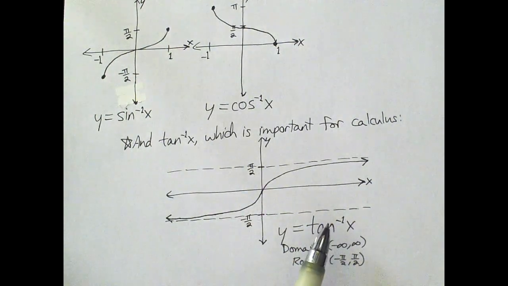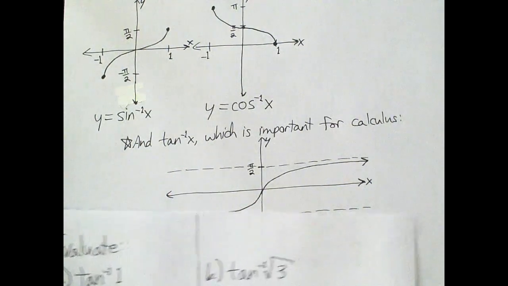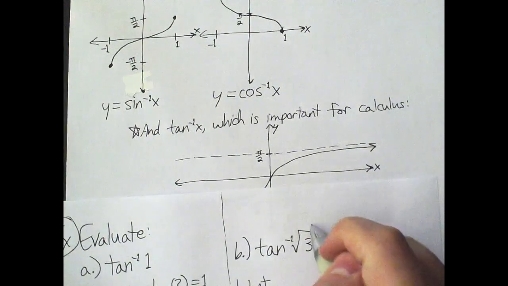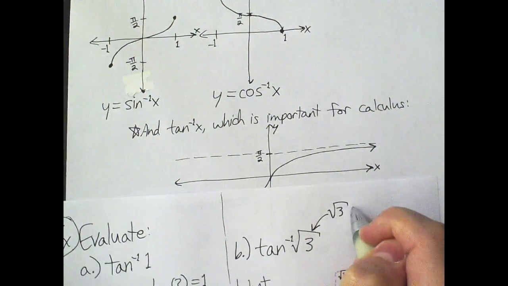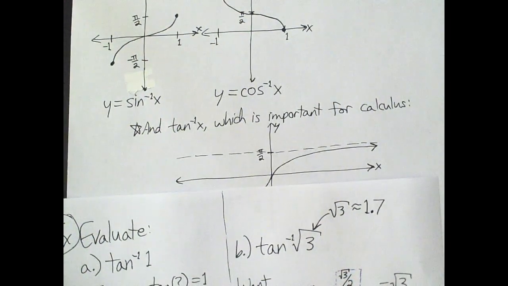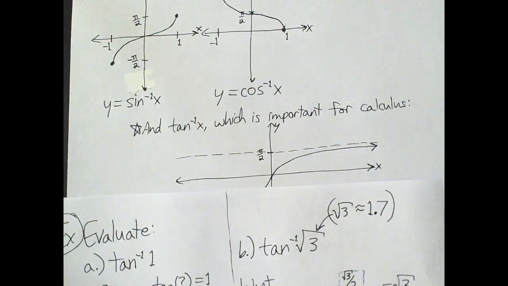One of the problems that we did was inverse tangent of the square root of 3. And by the way, the square root of 3 is approximately 1.7 something. Earlier when we were doing inverse sine and we had inverse sine of 1.25, I said that was undefined because it's off the unit circle. You could never go above 1. Tangent is different, and inverse tangent is different.